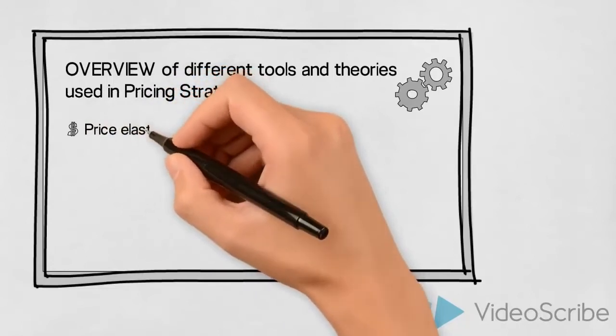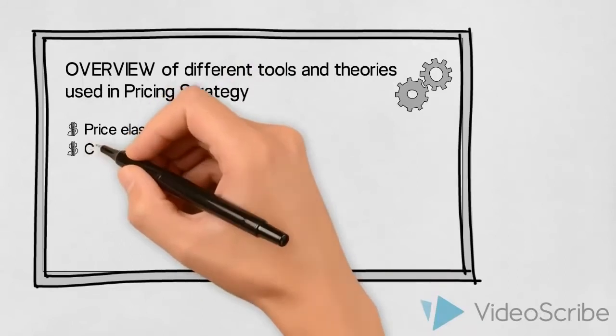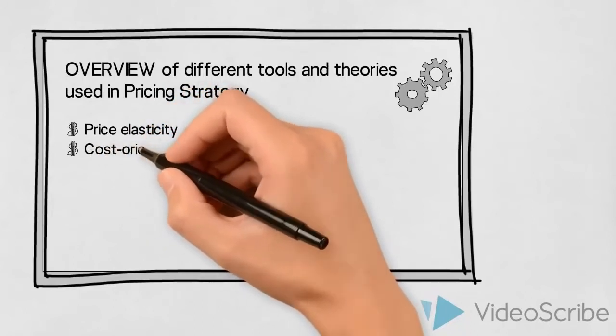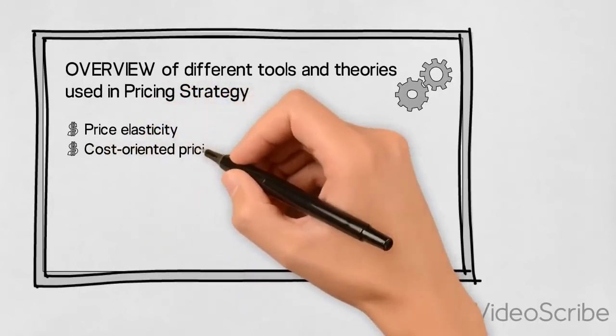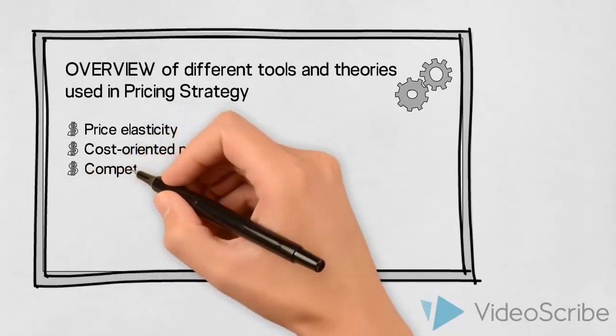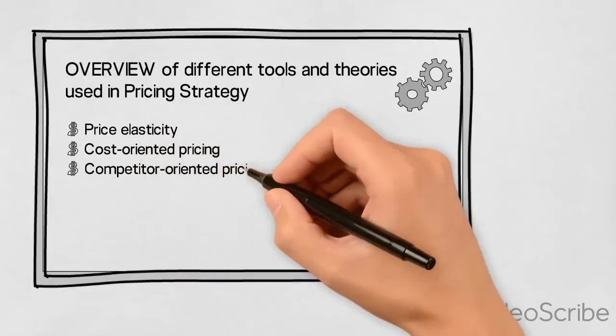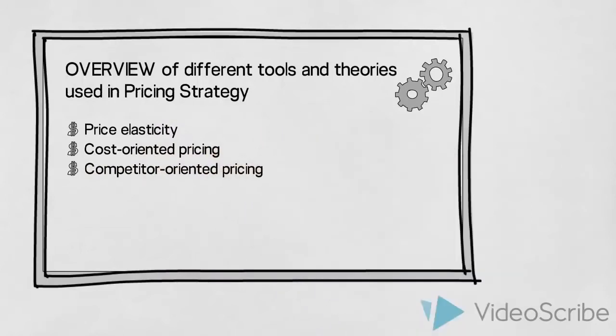To what extent, if at all, will a price change impact the demand for our product or service? Secondly, cost-oriented pricing can be used. This is where we base our price on the different costs involved in producing and selling our product. We can also use a competitor-oriented pricing. This is where we base our price on the knowledge we have about our competitors' prices and activities.